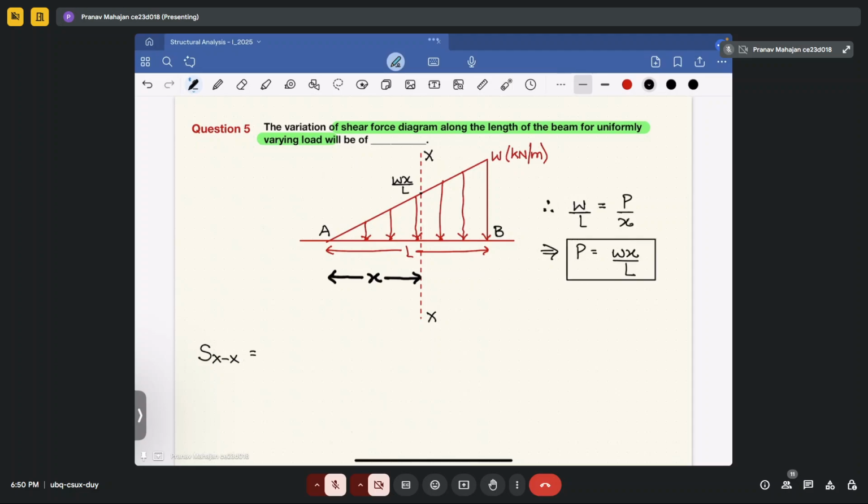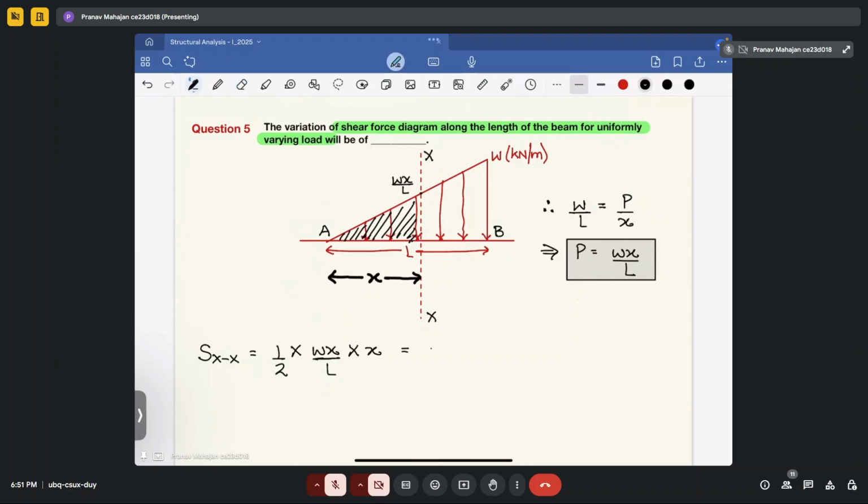Fine. Now, in this case, you have to determine the shear force diagram for uniformly varying load. So now you have to determine shear force of this region. Okay. How you will do that? 1 by 2 into what will be the load in this section? WX upon L, and what will be the distance is X. Okay. So the area of this diagram will give you the value of shear force. Okay.